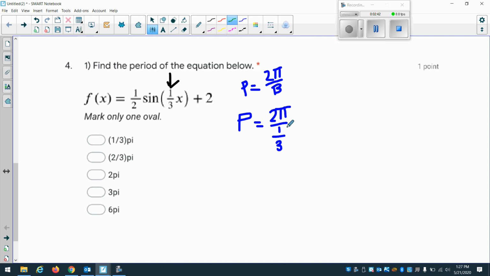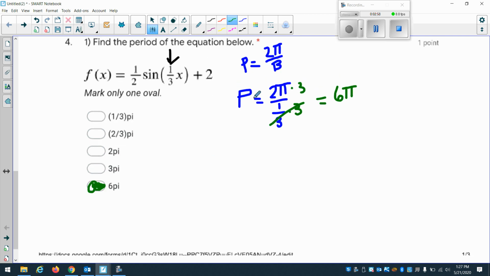That means you're going to multiply top and bottom by 3. So the period of this function is 6 pi. So that's what you bubble in here. Again, to find the period, it's 2 pi divided by B.